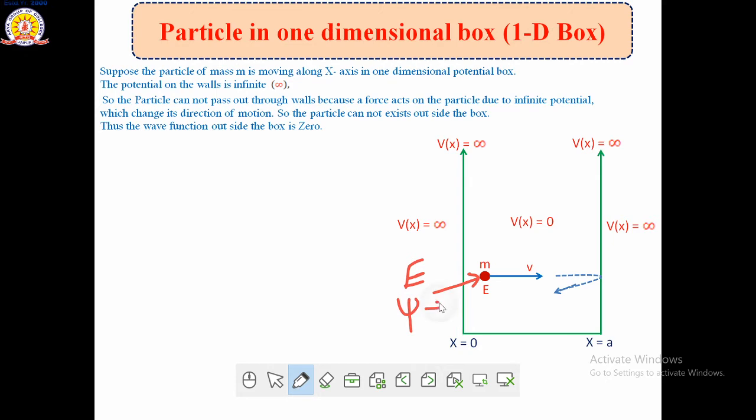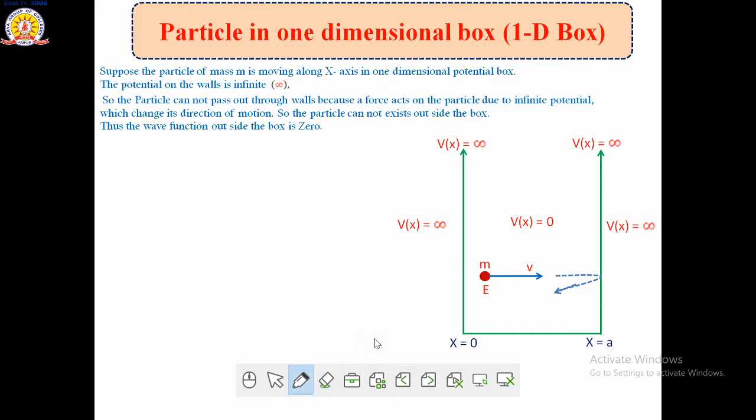The wave function explains the behavior of the given particle. If you derive the wave function, it will have all the information about this moving particle in the one dimensional box.